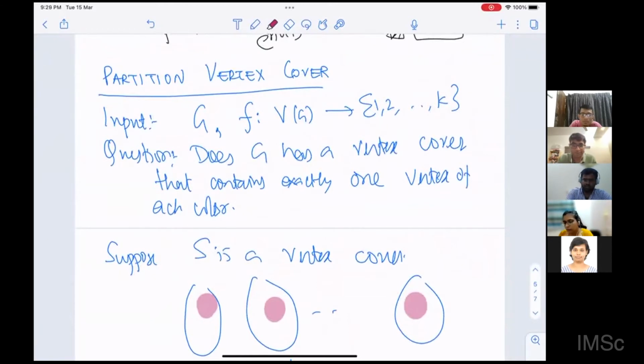Let me put that question in the chat: is partition vertex cover in P or NP-complete? If you think it is in P, say yes. If no, say no. I'll give you a few minutes to think.